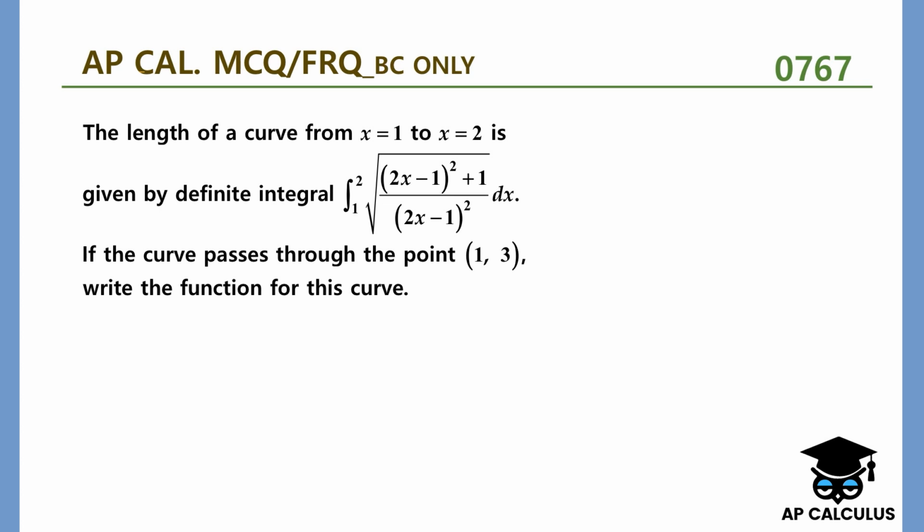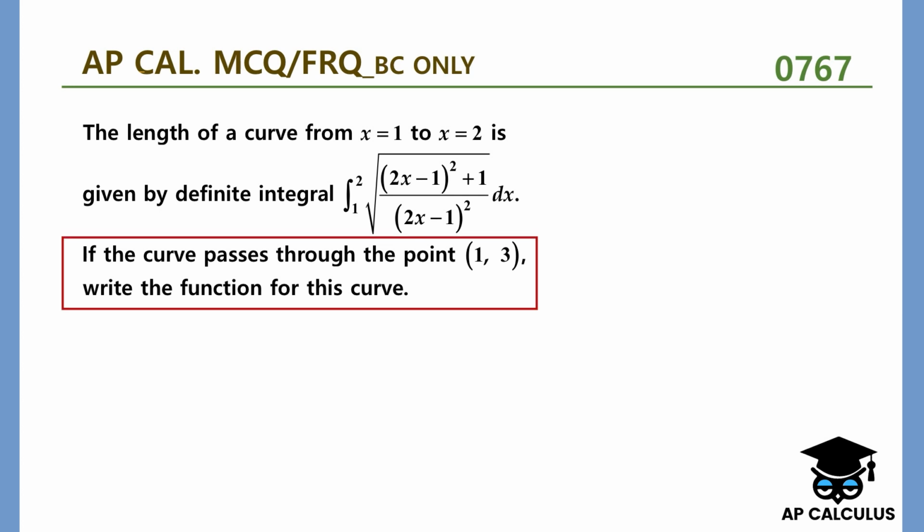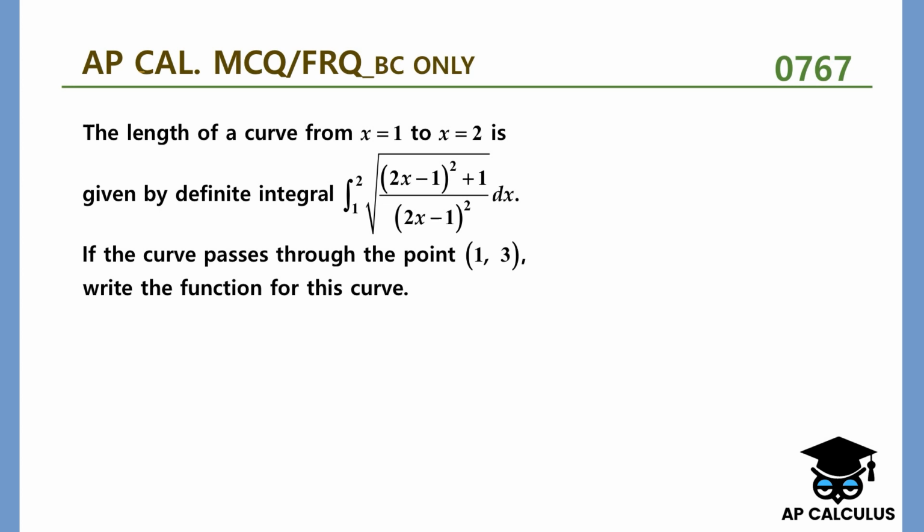Question 767. The length of a curve from x is 1 to x is 2 is given by the definite integral right over here. If the curve passes through the point (1, 3), write the function for this curve. Okay, it is given that this definite integral is the length of the curve, right?